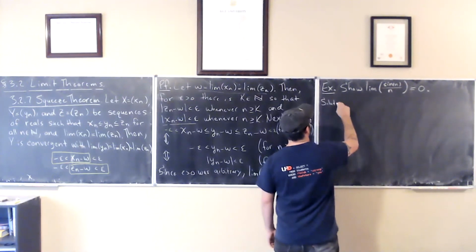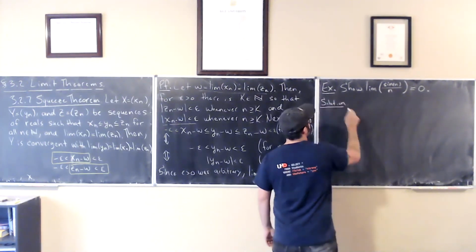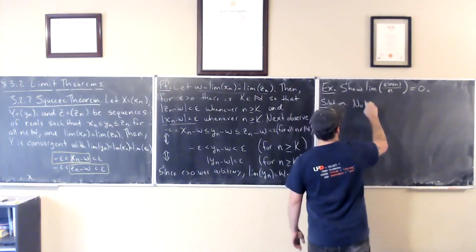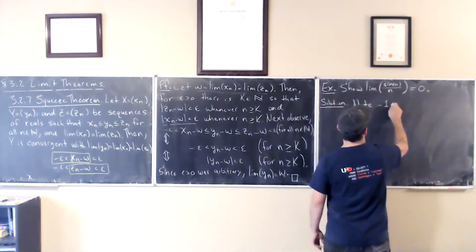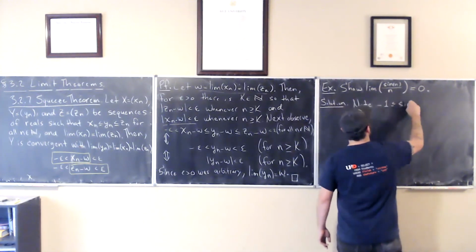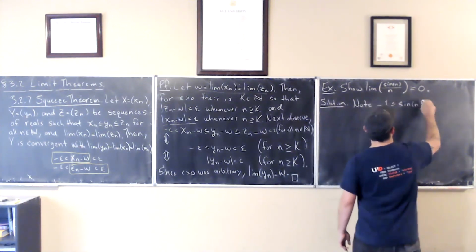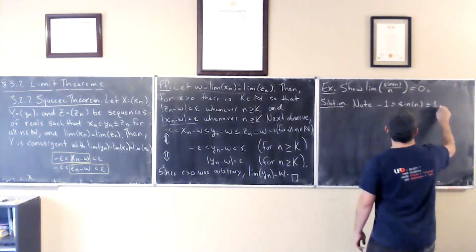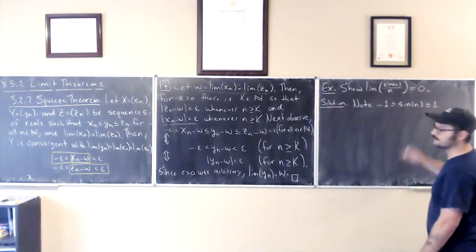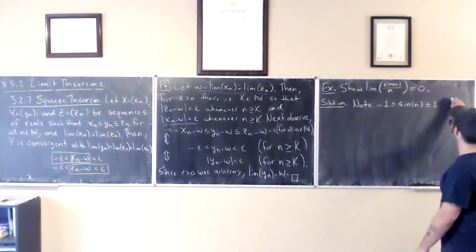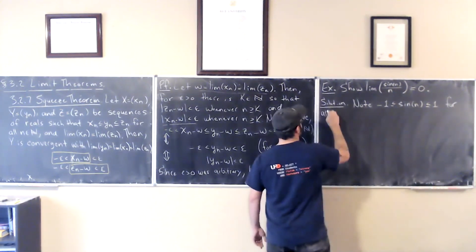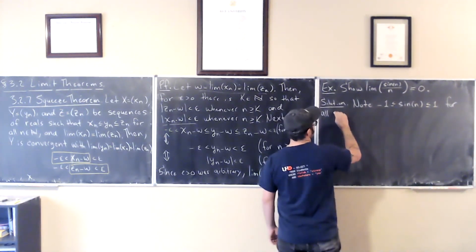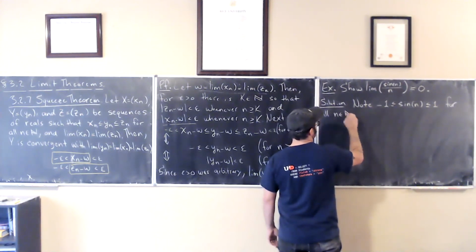So, solution or proof or whatever. Note that -1 is at most sine of n, which is at most 1, right? Sine oscillates between -1 and 1 for all choices of n.